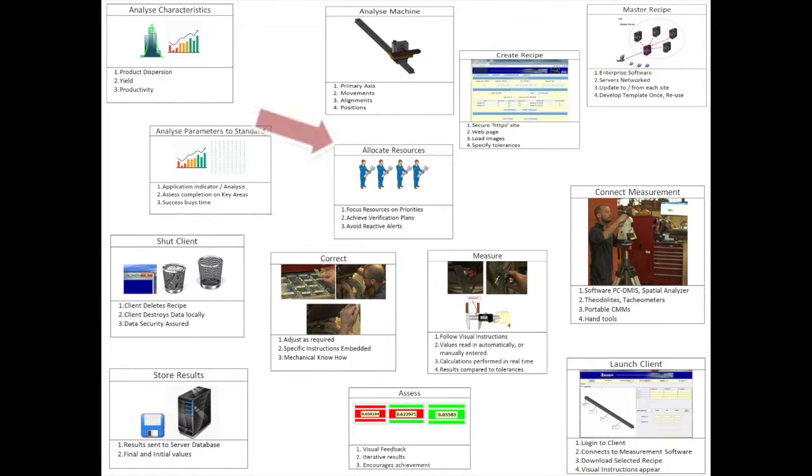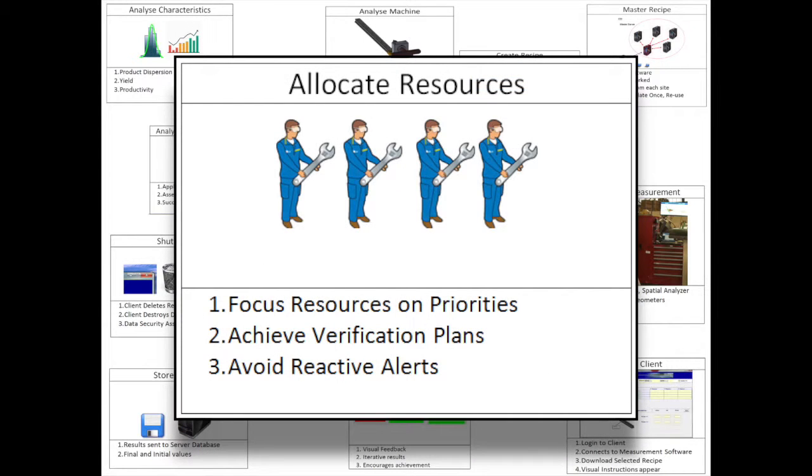Okay, so say you find that your characteristics aren't where you want them to be. You then are going to have to focus your resources on the priority areas of your plant in order to make the corrections that you need, in order to achieve the verification plan. So you're making sure that everything stays good, and therefore avoid the reactive alerts, the costly breakdowns where all the resources that are necessary to get the equipment up and running to the correct standard are missing.